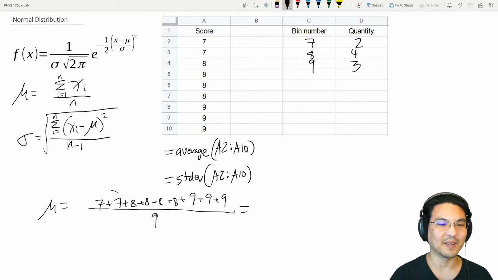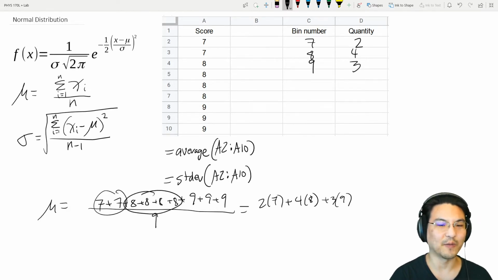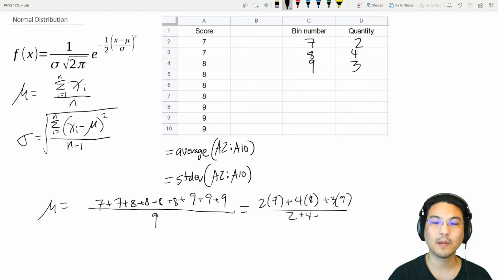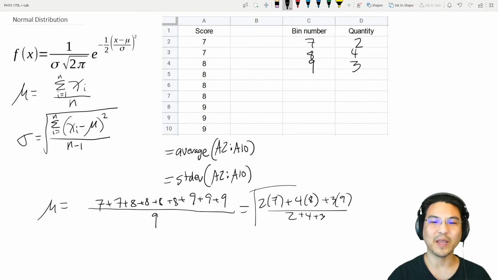But notice that, look, there are 2 7s, there are 4 8s, there are 3 9s. And then it's 2 plus 4 plus 3. And now look at this compared to this. So this is called a weighted mean, where the weights are 2 and 4 and 3.